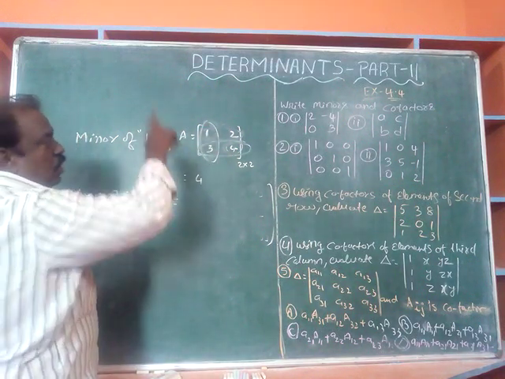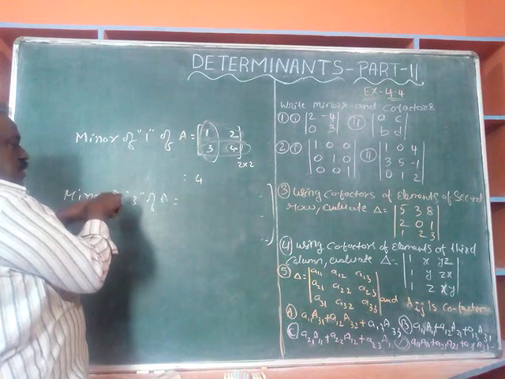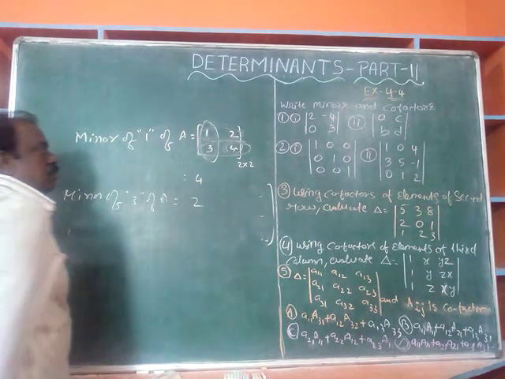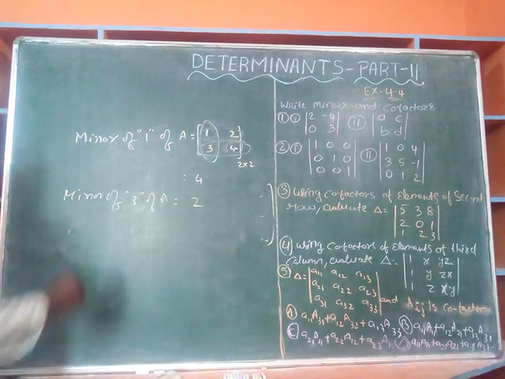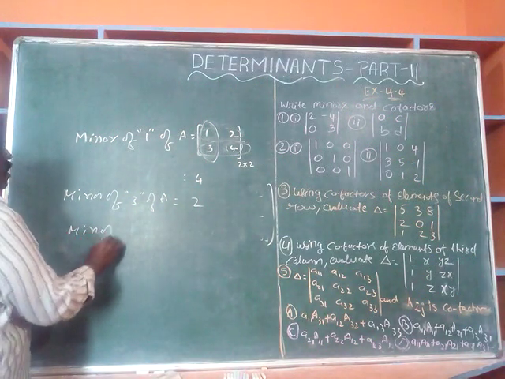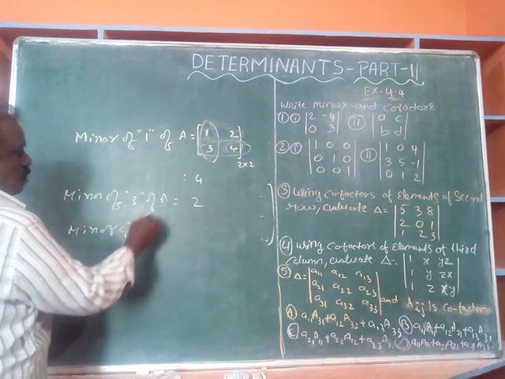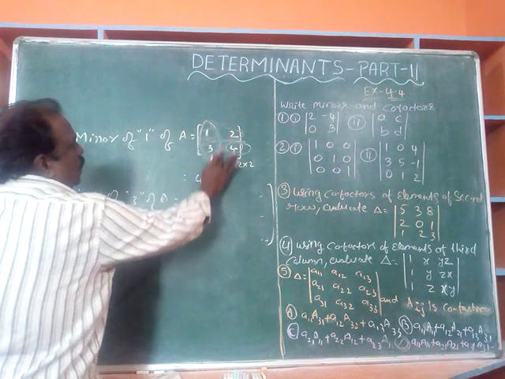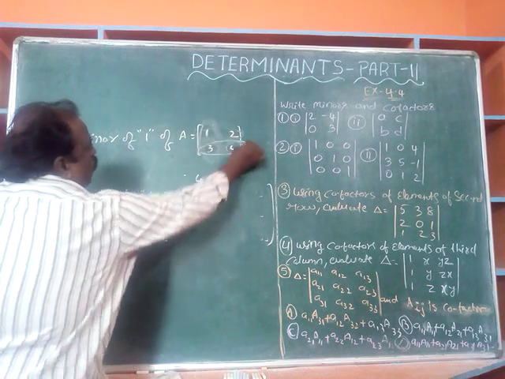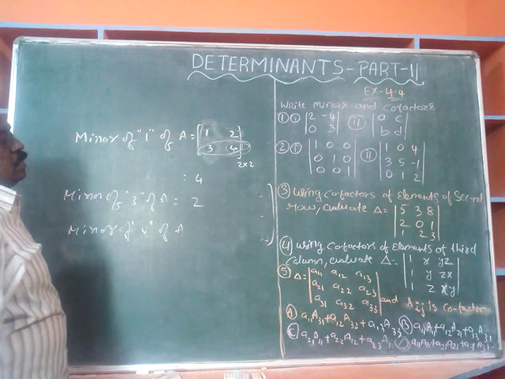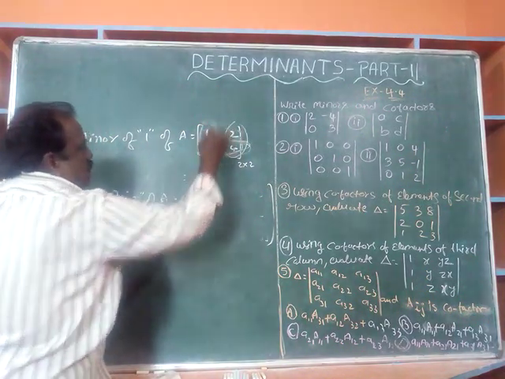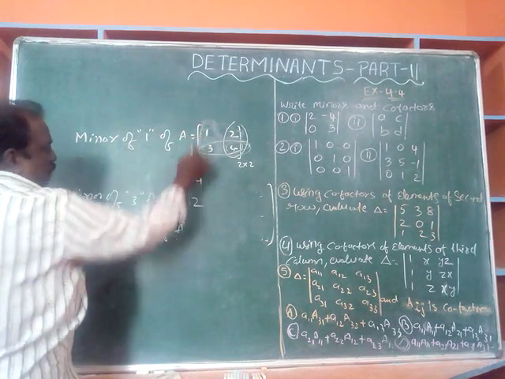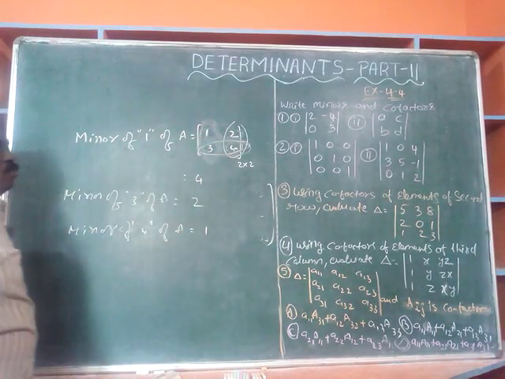After deleting the row and column where 3 is lying, we get 2. Suppose minor of 4 is asked. We delete the row and column where 4 lies. We get only 1. Like this we have to find.